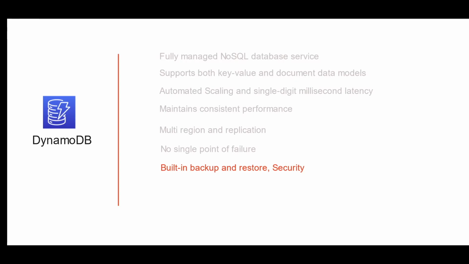You can enable point in time recovery to restore your database at any given second in the preceding 35 days. It also has features like DynamoDB Accelerator or DAX, which gives you an in-memory cache that you can use alongside the database. So with this caching, it improves your read performance by up to 10 times.